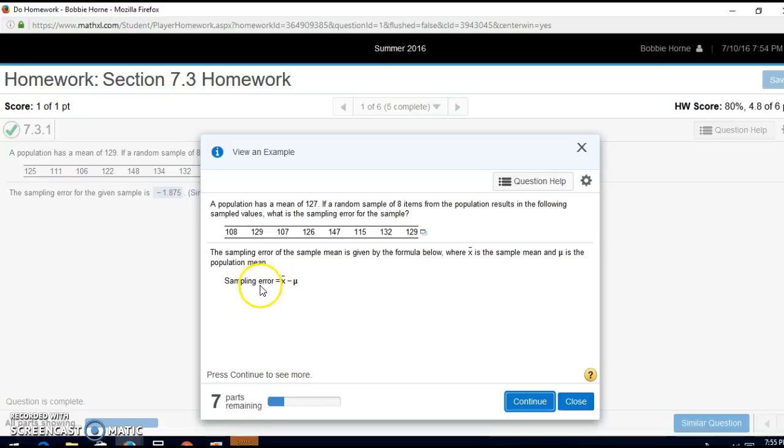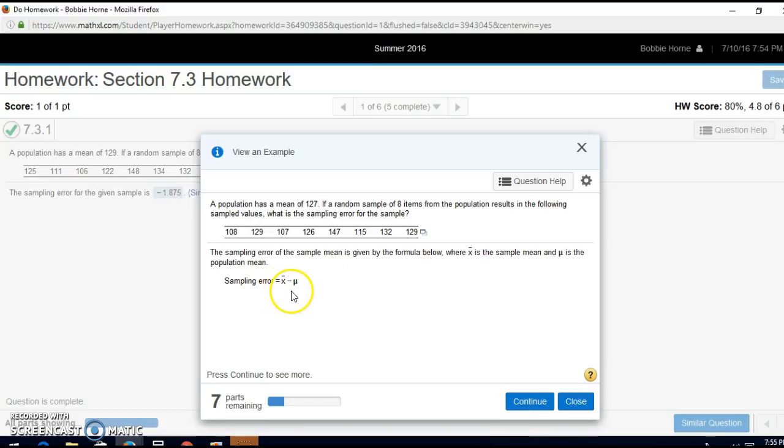So the amount of error in your sample depends on how big your sample actually is. What we like to think of is the bigger the sample, the more accurate the mean would be as compared to the population.